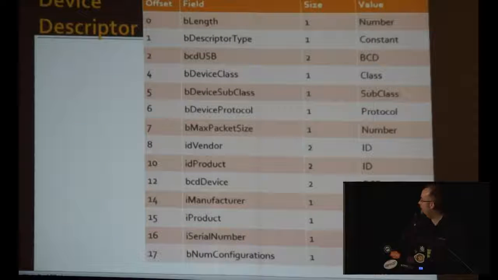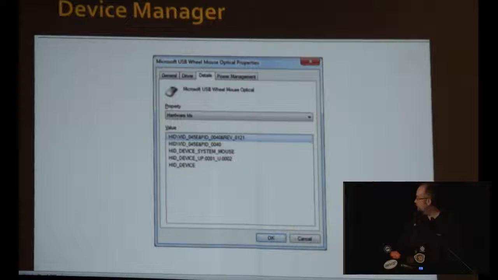If you look at, say, the offsets between 4 and 6, as well as 8 and 12 there, this is where Windows determines what driver to pair with a given device. Is it a boot device? Is it just a standard mouse? Is it a device that I already know about and already have a driver for?